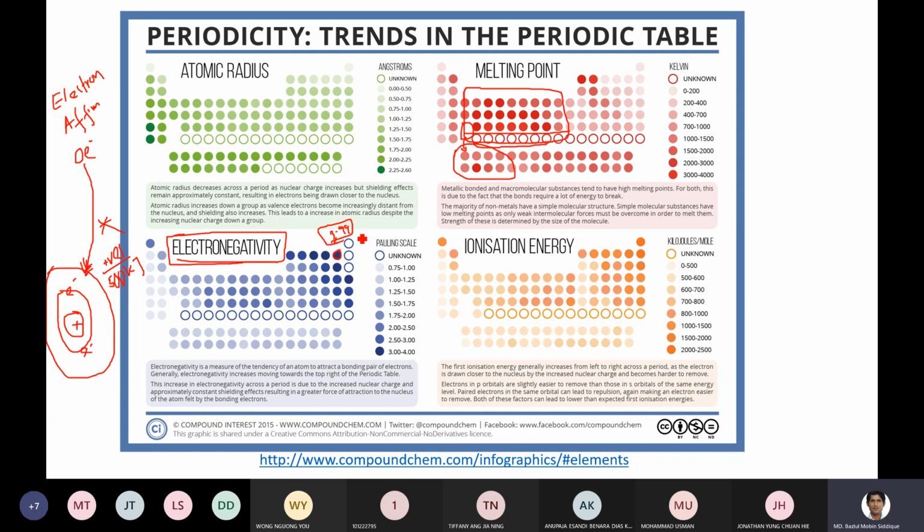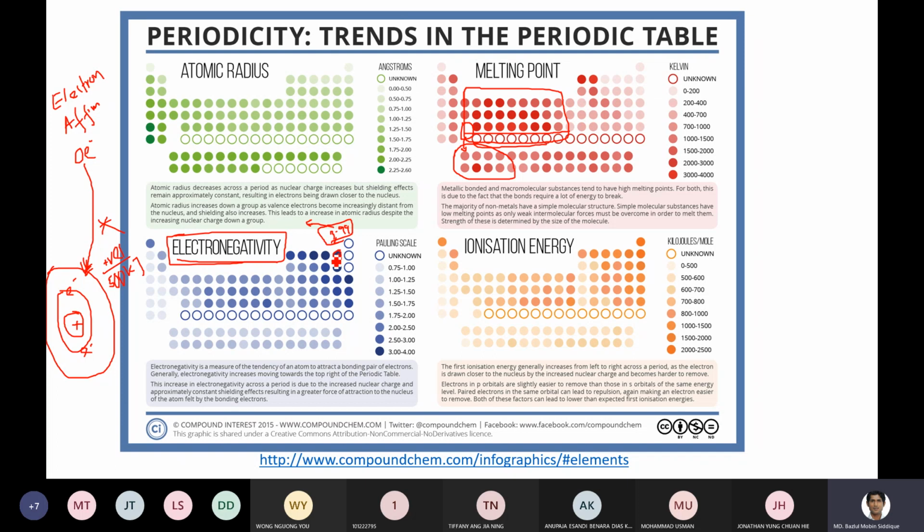Linus Pauling came out with this idea that we put the electronegativity of fluorine at the maximum, because fluorine wants one electron more than any other element on the periodic table.